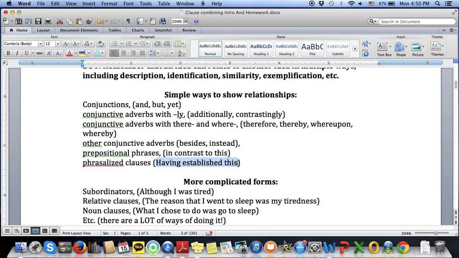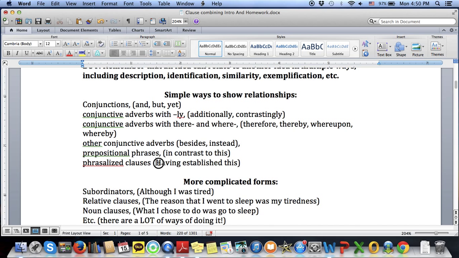Taking this and making it into a long form, I could say, since I have established this. Now I have a clause because I have a subject and a verb. The verb here is now finite. That means I've limited it in time and identifying the subject too. But if I get rid of that, and there we go, bye-bye.